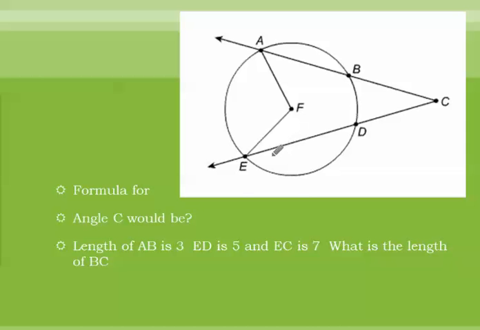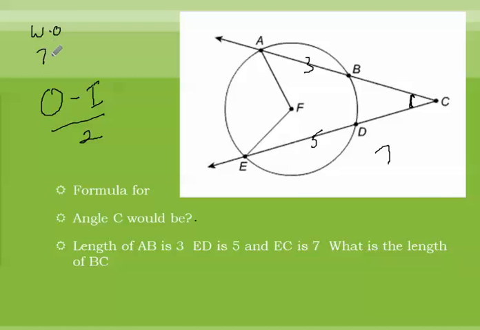Okay. This is asking, what would the formula for angle C be right here? Well, I've got two secants that are intersecting outside of the circle. So it's going to be the outside arc minus the inside arc divided by 2. So what would the length of BC be if the length of AB is 3 and ED is 5 and EC, the whole thing here, is 7? Well, remember, we got the whole times the outside.